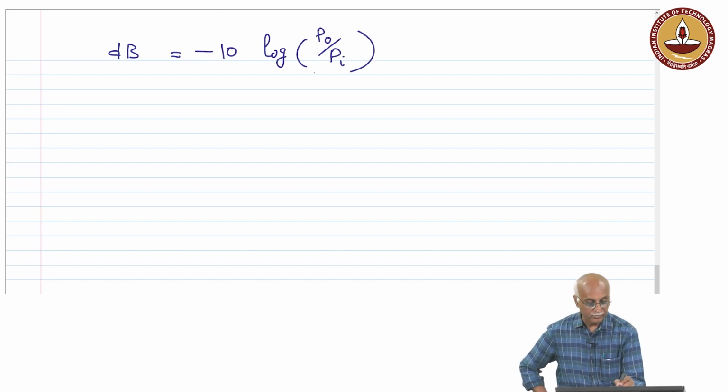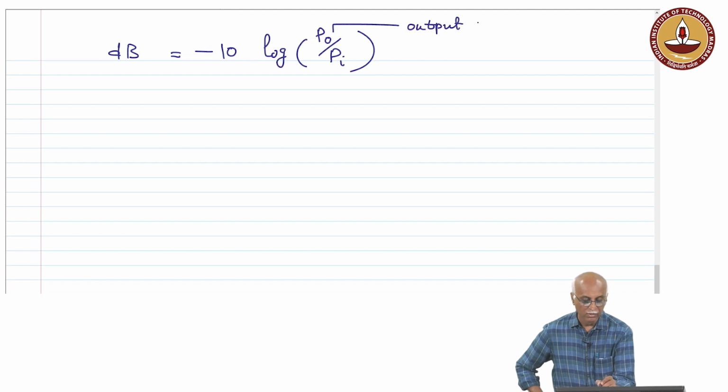P0 is the output power from the fiber, and Pi is the input power.